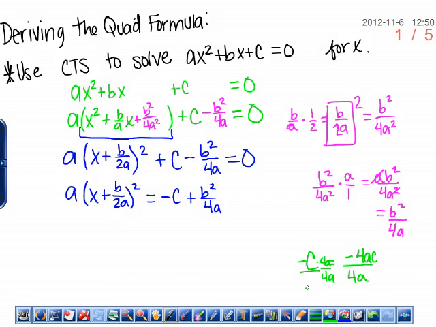And then if I put c over 1, 1 times 4a is 4a. Because I'm trying to get a common denominator here so that I can combine these two fractions. Okay? So this is a times x plus b over 2a squared equals minus 4ac over 4a plus b squared over 4a.